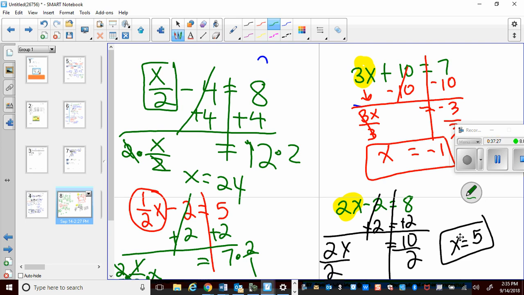Start at the very top. It says, what is the opposite of addition?